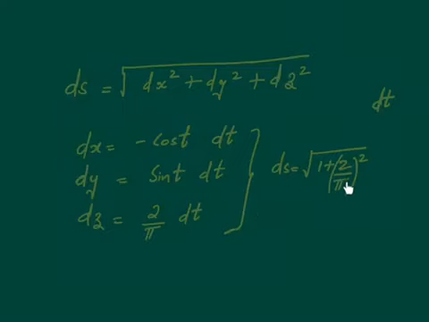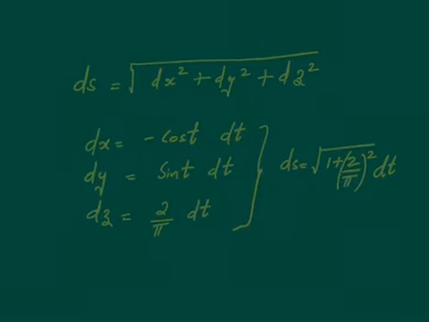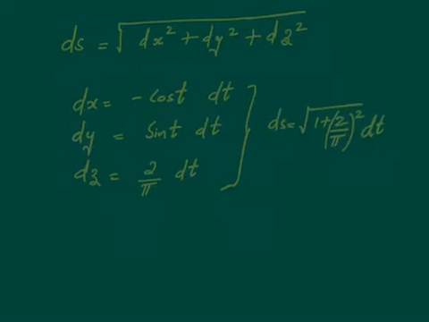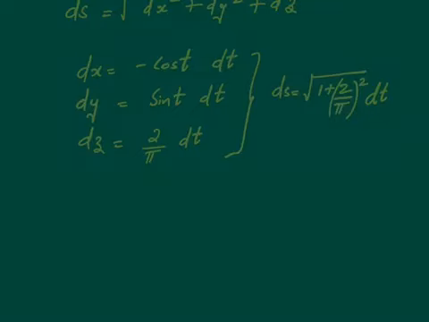Then ds can be written like this. I missed out something here. Sorry, there should have been a dt here. Okay. Makes sense? Now let that be here. Okay, that's good.